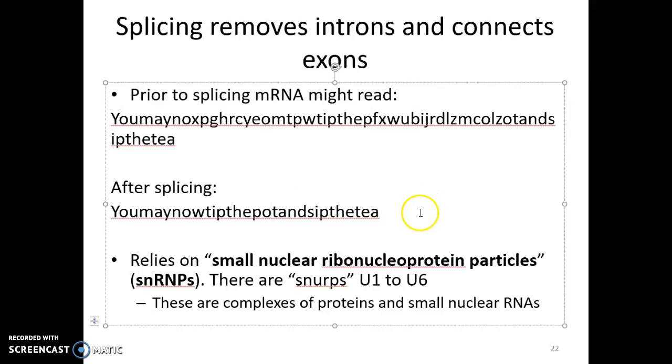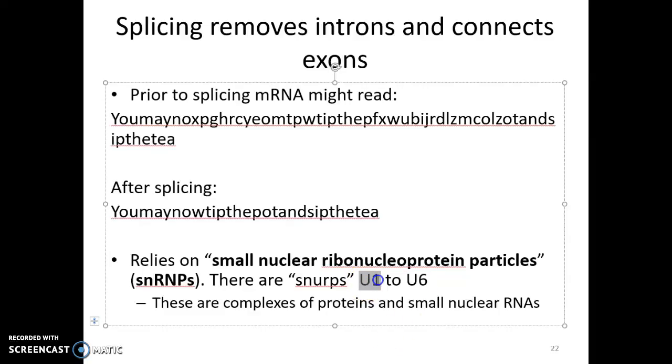In the actual genetic world, it would be: select these particular amino acids and connect them together into a polypeptide. So what does this work? These really cool cellular structures that consist of both protein and RNA. They're called SNRPs, one of the funnest names in biology. There are a set of SNRPs, U1 to U6.